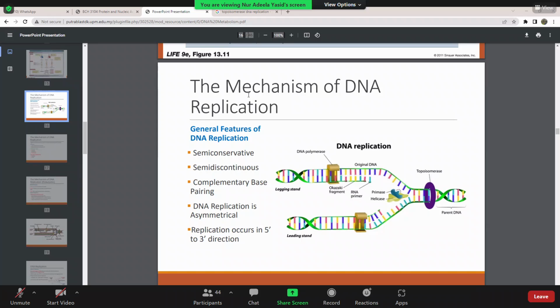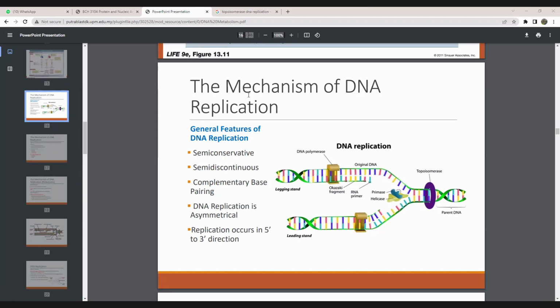Apart from knowing all the terms related to DNA replication, you need to understand what is meant by all these terms. First of all, we know that DNA replication is semi-conservative. It shows semi-conservative characteristics. So what does it mean by semi-conservative? Anyone? Biasa dengar kan semi-conservative. Who can explain?